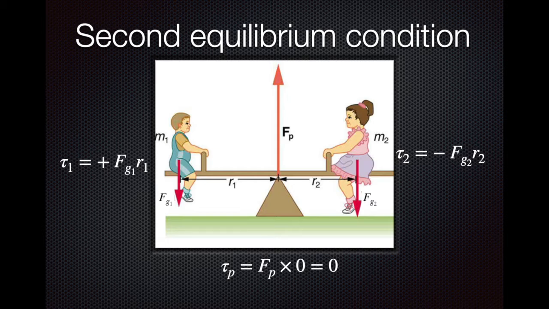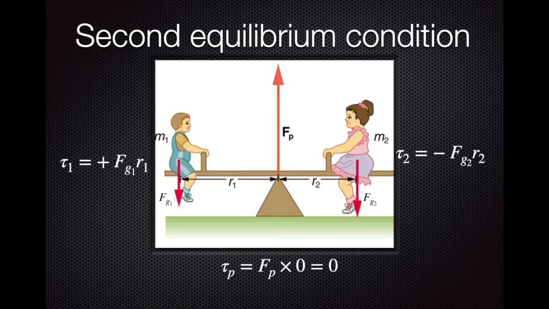But the distance from the pivot point is 0. So any force that goes through the pivot point is not going to be able to rotate the object. That force is important to balance out the downward forces of gravity from the children, for the first equilibrium condition, but it's not going to play into calculating the torque.